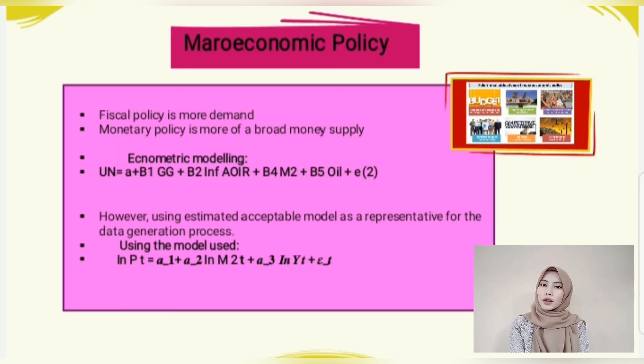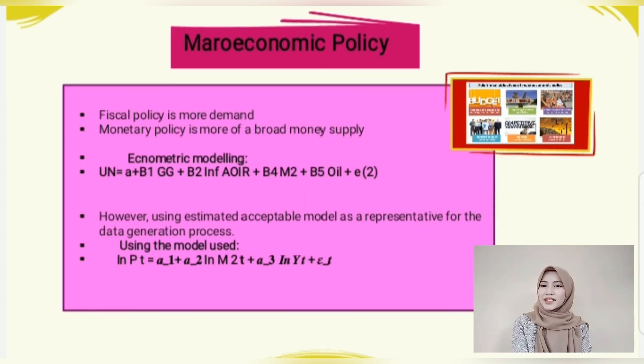Lastly, about macroeconomic policy, there are two different methods in macroeconomic policy, which are fiscal policy and monetary policy. As we know, fiscal policy is more about demand. This is because companies produce more goods, such as hiring more manpower and investing in new buildings and machinery. Next, monetary policy is more about the broad money supply.